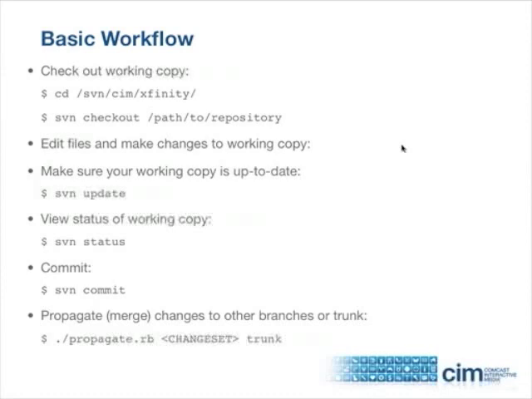We'll view the status of our working copy with svn status, and we'll commit our changes with svn commit. And then, of course, here at SIM, we'll propagate or merge our changes to other branches or trunk using the propagate script.